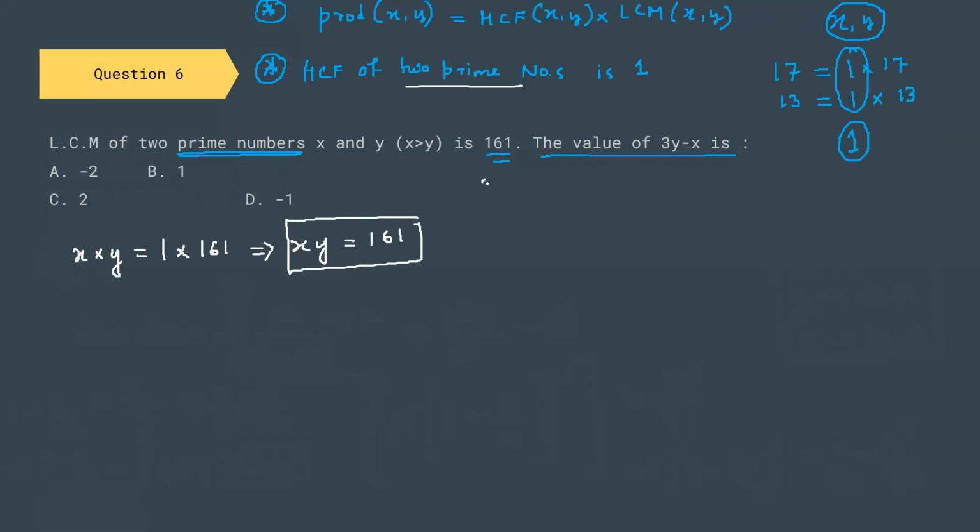What we know is that x is greater than y, and x and y are both prime numbers. So let us start with the prime factorization of 161. First, 161 can be divided by 7. 7 twos are 14, carry 2, and 23.